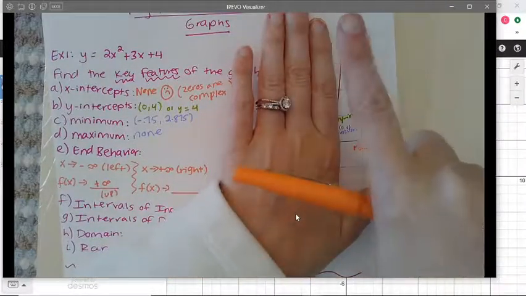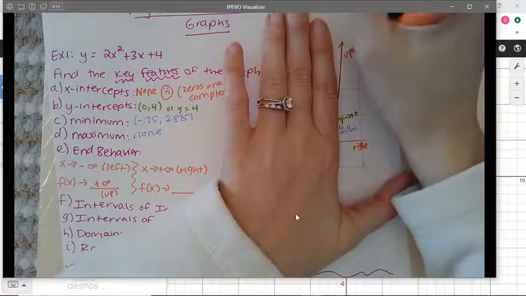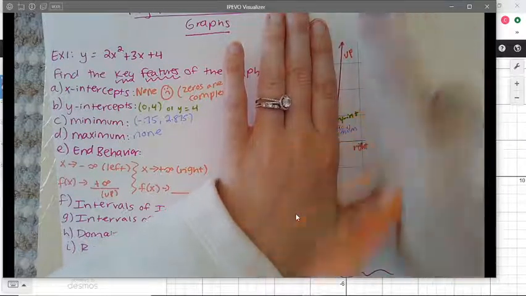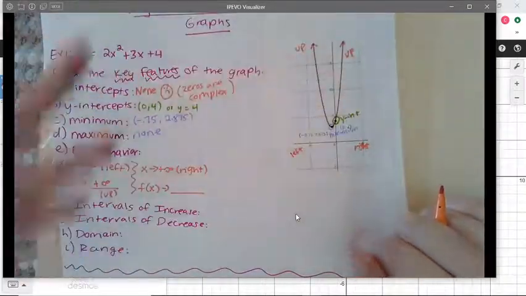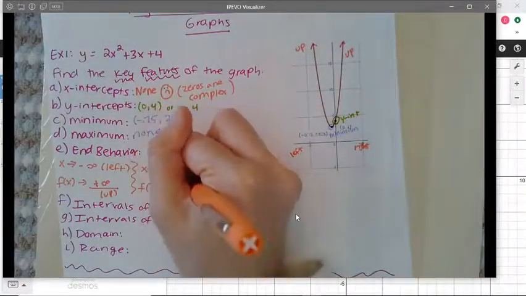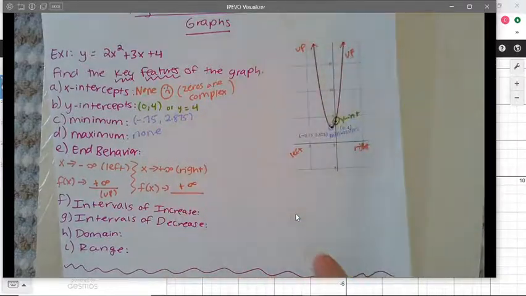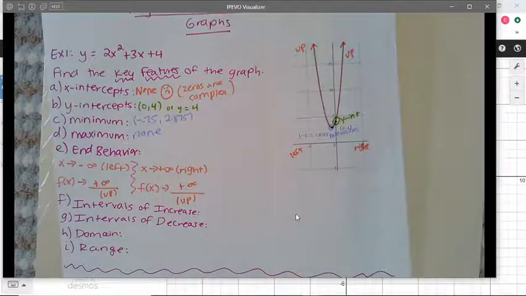Is it pointing up or down? Well, on the right side of the graph, it's pointing up. And if you're headed up, are you headed in a positive or negative direction on the y-axis? We're headed in a positive direction. So this means f of x is headed in a positive direction, y is headed up. So this simply means up.